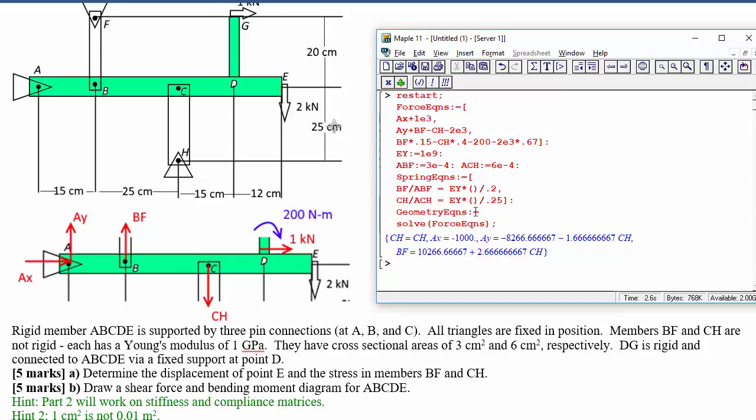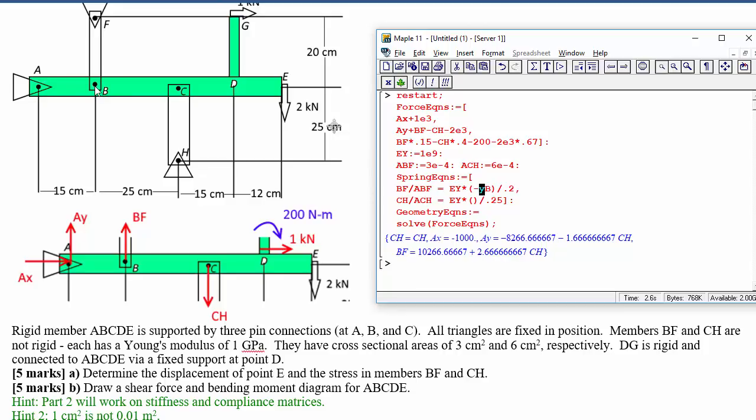So this has to be the extension, the increase in length per unit length. The increase in length based on the geometry here, and really make sure that this makes sense to you, is negative the displacement of point B. So we're just going to call that YB for the displacement of point B.